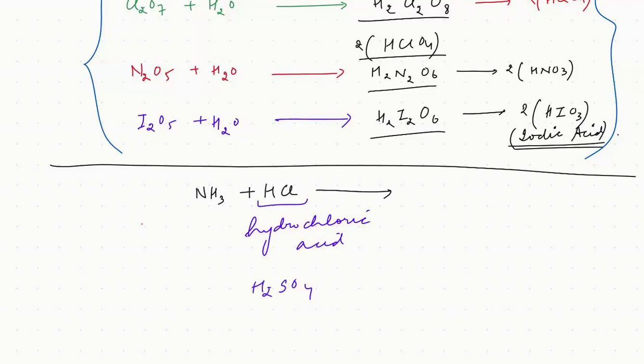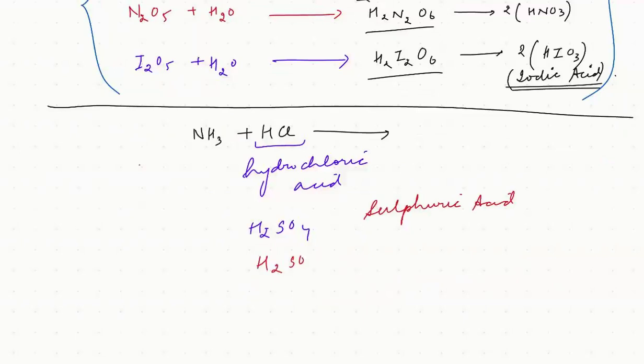H2SO4 shall be what? Sulfuric acid. Are you understanding? Yes. H2SO3 here is going to be what? Sulfurous acid.